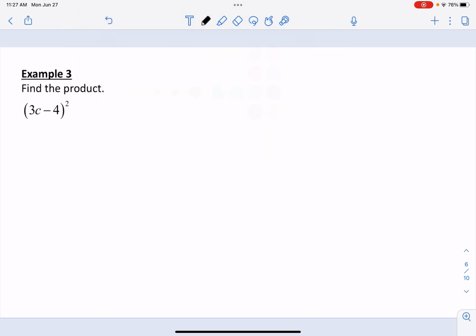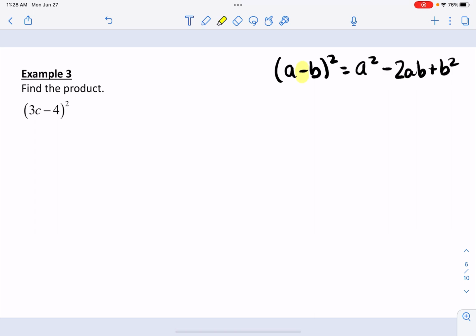Now when I have a minus b squared, remember I get a squared minus 2ab plus b squared. So that last term is always positive. So you don't really have to worry about the sign of that. But what I try to remember is the middle is always the same sign.